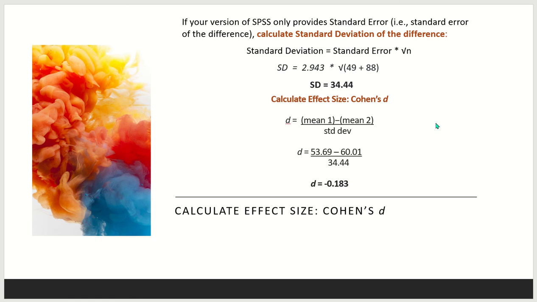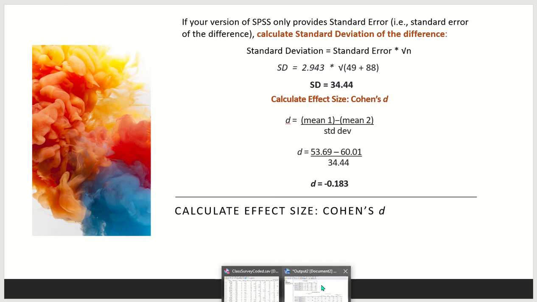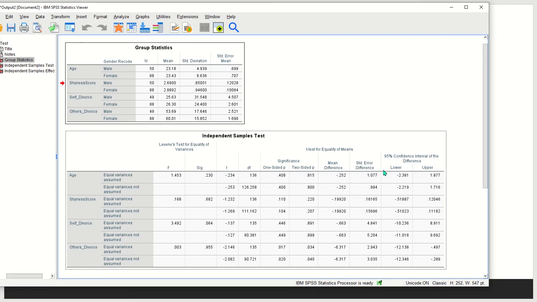Some versions of SPSS do calculate the standard deviation of the difference for you, and some do not. And ours does not. It actually shows the standard error of the difference. So we need the standard deviation.